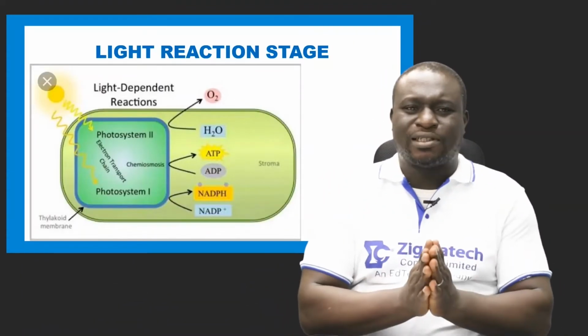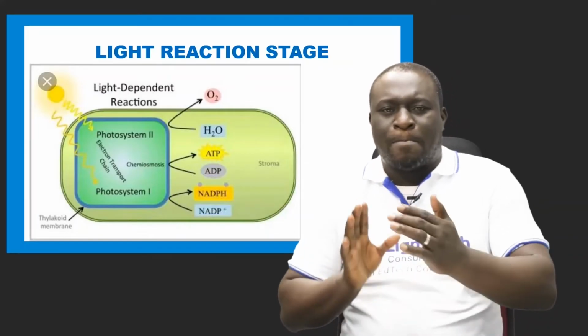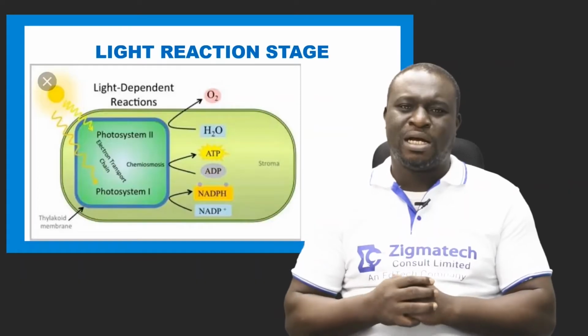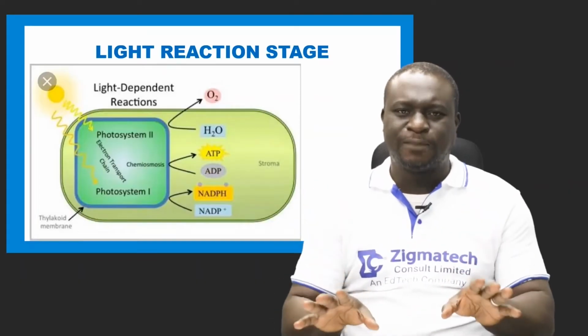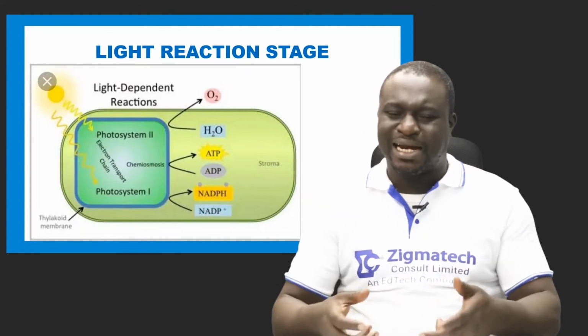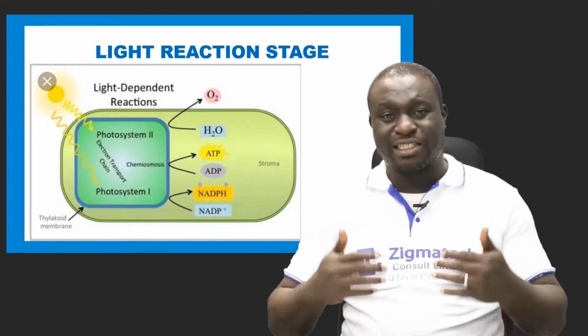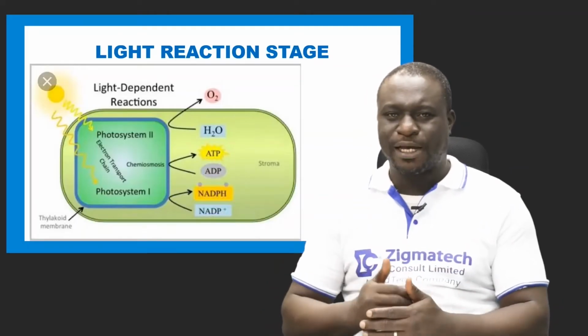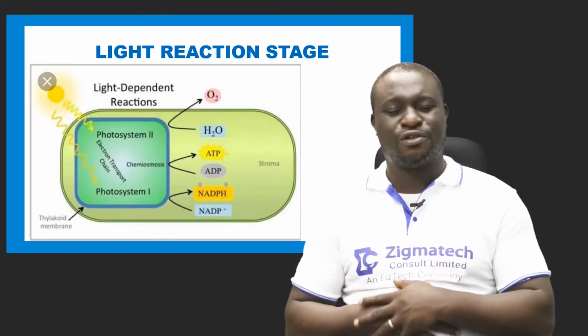So the coenzyme is reduced by the reaction of the hydrogen ion with the coenzyme. Now, once this is done, energy is being released. Energy is produced. That energy that is produced is in the form of ATP. So these are the stages that take place during the light reaction stage.